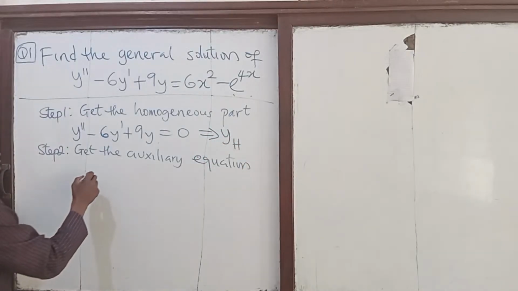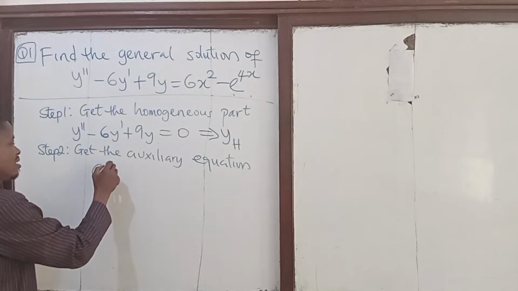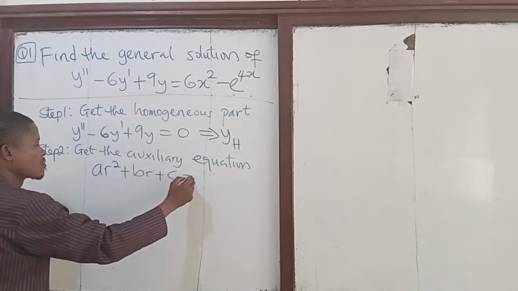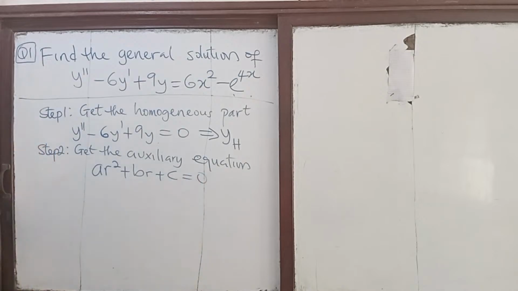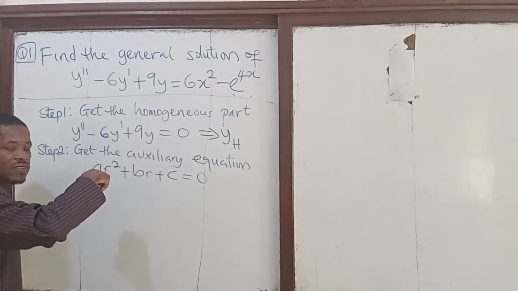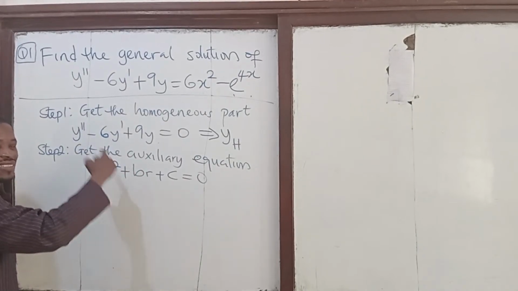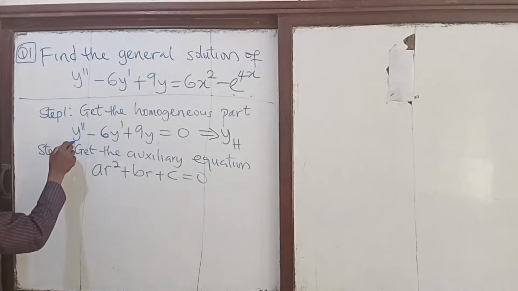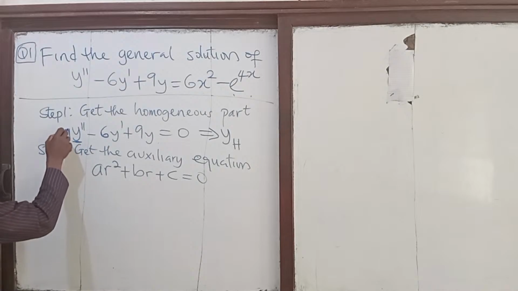For the auxiliary equation, we're going to use the standard equation, where r is the first differential and r squared is the second differential. Looking at your differential equation, the coefficient of the second differential is 1.